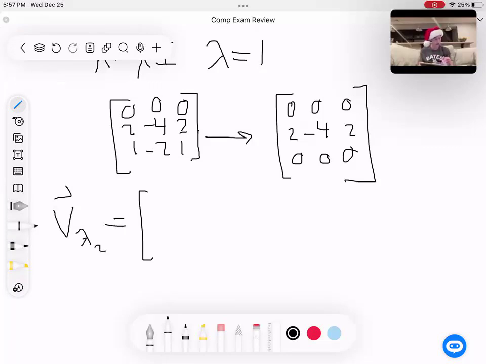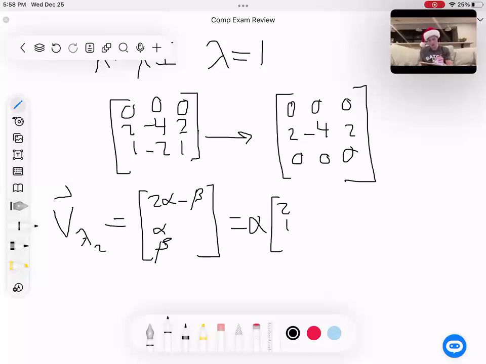That's going to be 2 free variables now. We'll call them alpha and beta. And the first entry is just going to be 2 alpha minus beta. And then when we break that up into 2 vectors, right, that's going to be alpha times 2, 1, 0 plus beta times, I believe, -1, 0, 1.